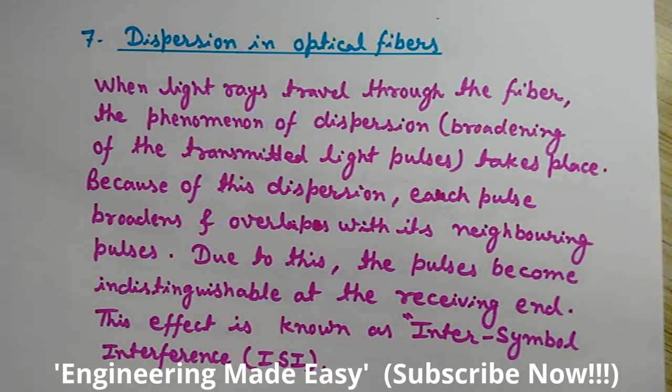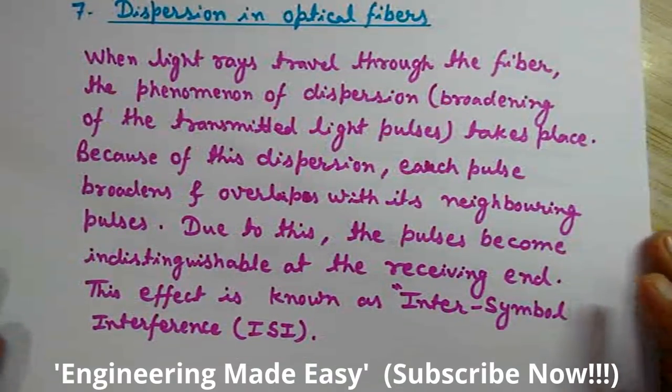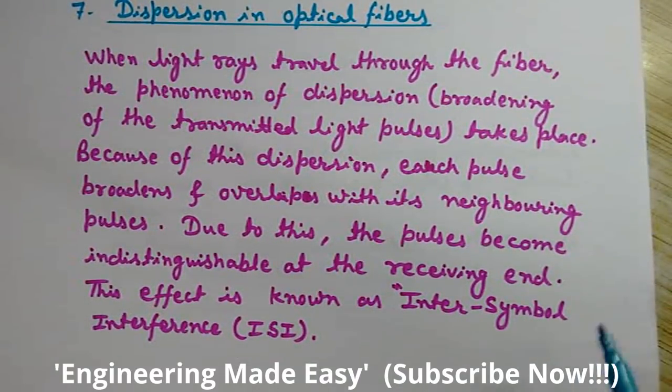These pulses spread, and they overlap with the nearby pulses that are moving simultaneously. Due to this, the pulses become indistinguishable at the receiving end. At the receiving end, it becomes difficult to identify these pulses because of their mixing or overlapping.